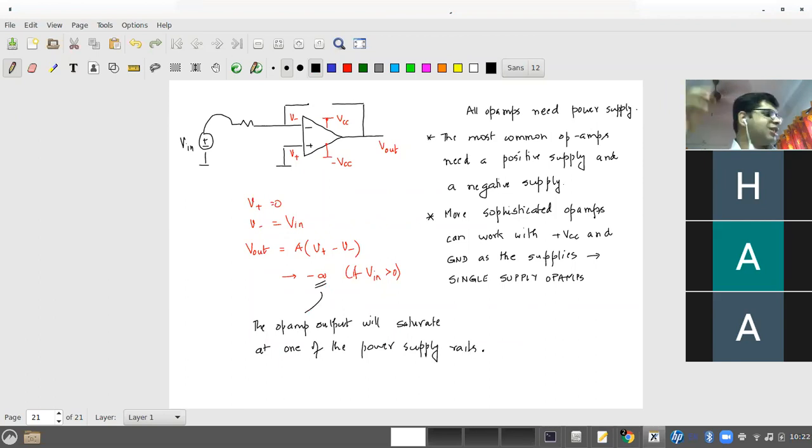In principle, it will saturate near one of the power supply rails. So suppose your power supply were 15 volts, it may go and saturate around 13 volts or so. Similarly, if the power supply is 5 volts, you will go and saturate around 3, 4 volts, things like that. Okay, depending on the op amp.